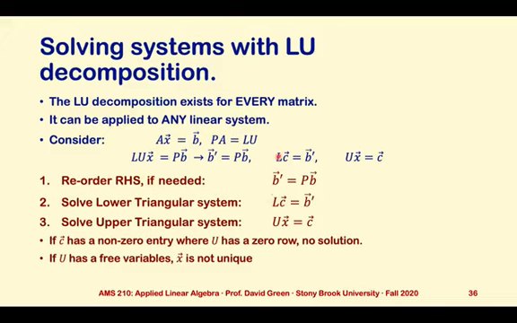We know L is square, and we know it is non-singular because it is constructed from elimination matrices that are all non-singular. And so L is a non-singular invertible matrix. This will always have a well-defined solution.